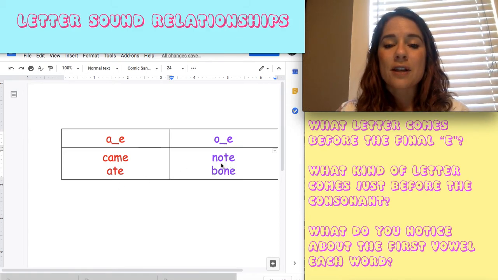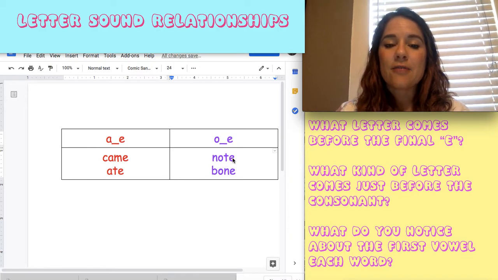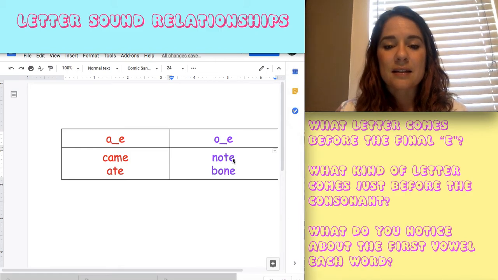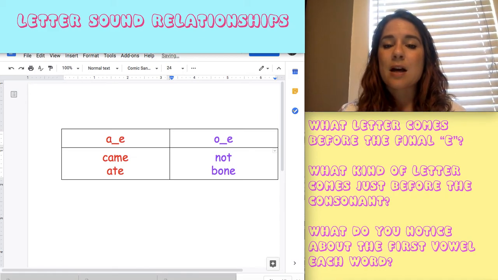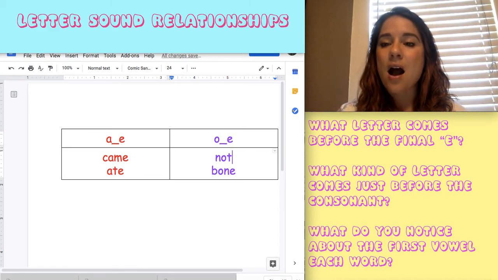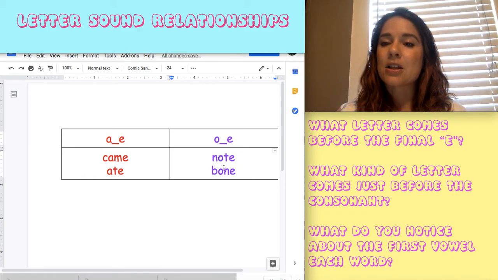Now let's go over here and look at the word note. Note. If we were to take this E off, it would become not. N-o-t. When we add the E, this vowel now says the long vowel sound, which is O, and it changes to note.